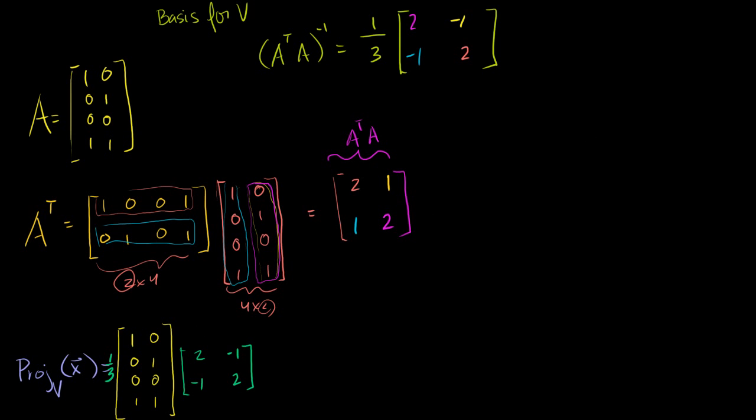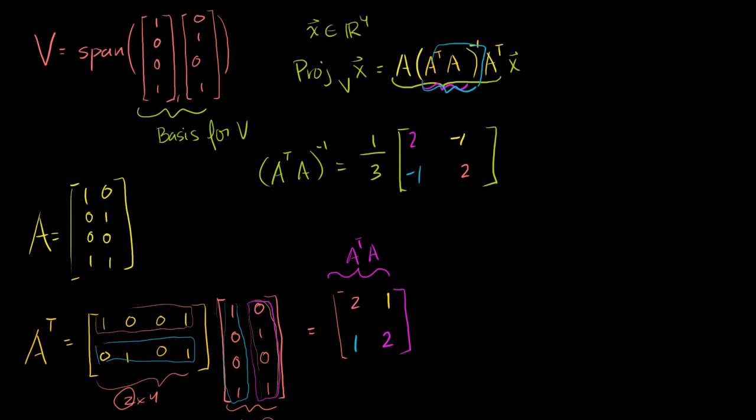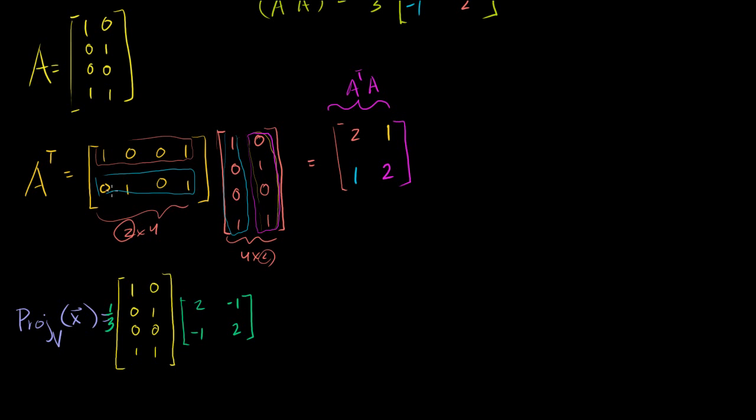And then I'm going to multiply it times A transpose, and then all of that times our vector x. So A transpose is right there. It is 1 0 0 1 0 1 0 1. And then all of that's going to be times your vector x.